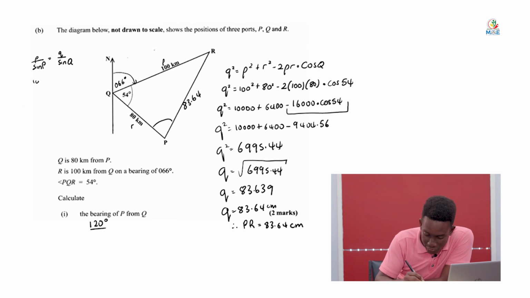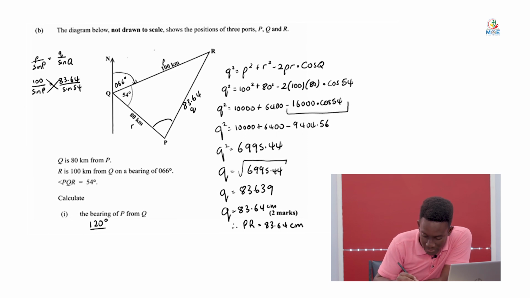So let's put in what we know. We know p is 100, so it's 100 over sine P, which is what we want to find, is equal to q, which is 83.64, all divided by sine Q, which is sine 54.